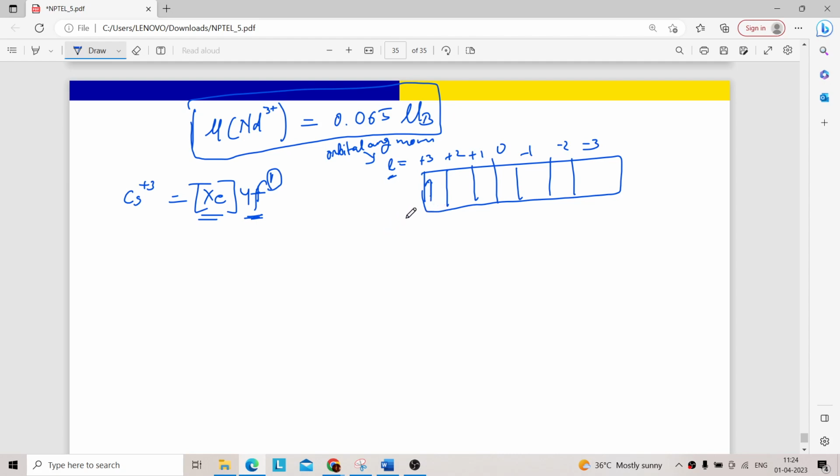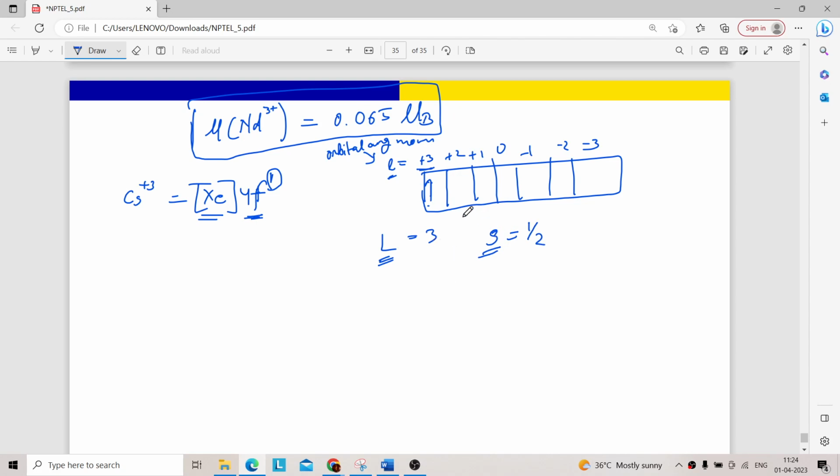So what will be the L value now? As the electron is here, the L value will be 3. What will be the S value? This is the total orbital angular momentum, and this is the total spin angular momentum. As there is only one electron, this value will be half.